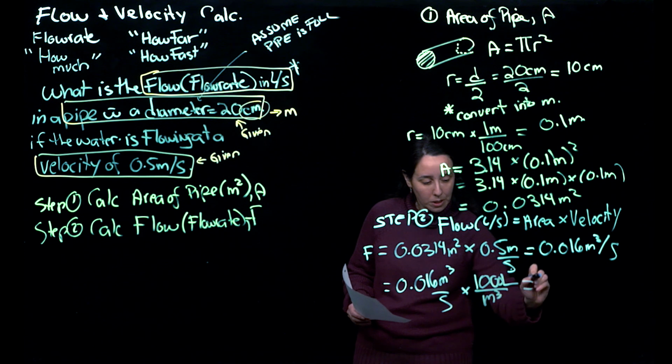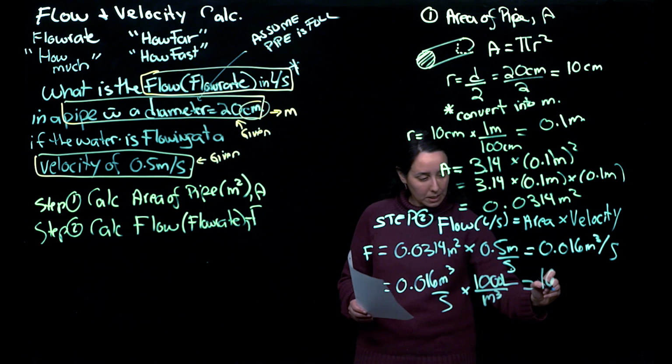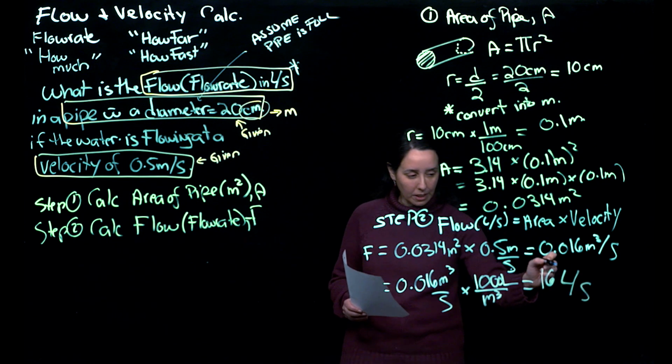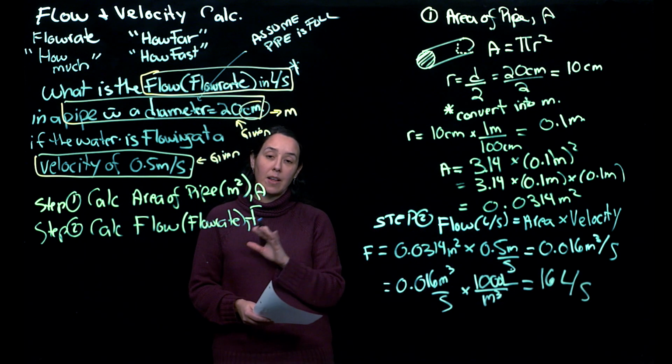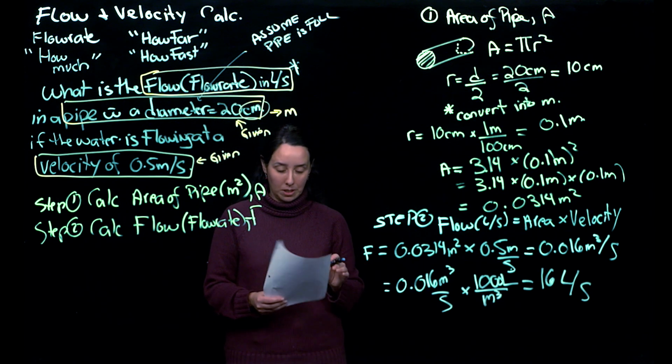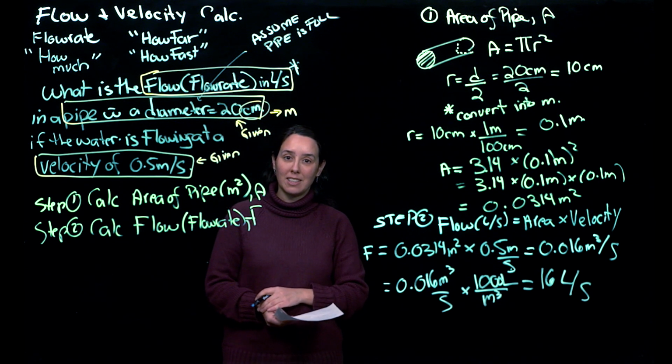And so that becomes 16 liters per second. That means that through that pipe, the water is flowing at 16 liters per second. And that's our flow and velocity calculation.